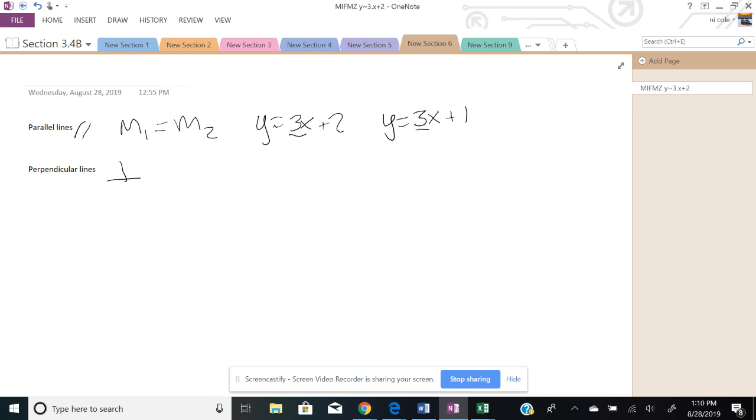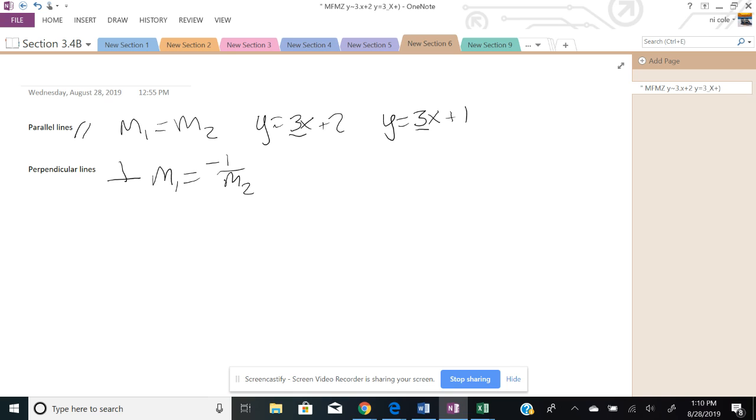For perpendicular lines, you need to have m1 be the negative reciprocal of m2.